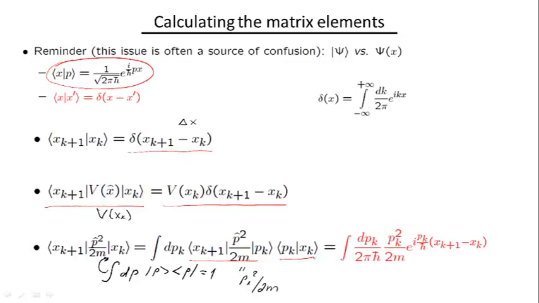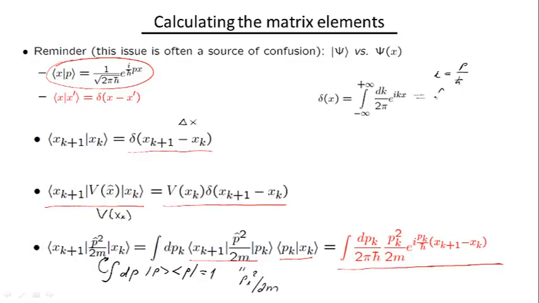If we put everything together for this term, we get the following result for the matrix element of the kinetic energy, which involves an integral over momentum. In this case, p sub k is the momentum. In order to write all matrix elements in a similar fashion, we can use this relation for the delta function, basically the Fourier transform for the delta function, and just replace k with p over h bar.